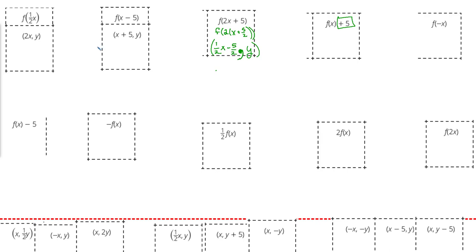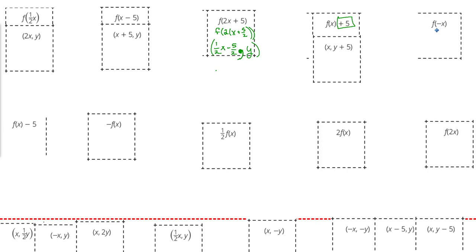So inside affected the X value, outside affects the Y. So which of these down here show the X value being left alone, but the Y value having 5 added? Whenever it's outside, it behaves the same. So outside behaves the same, inside behaves opposite.